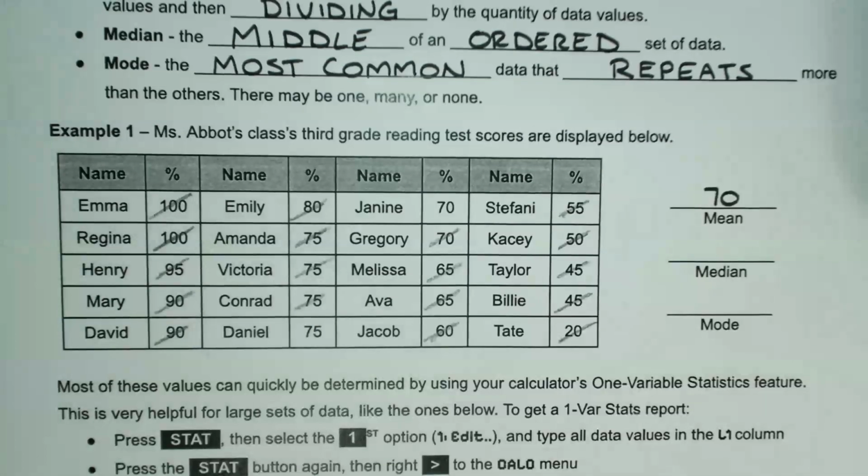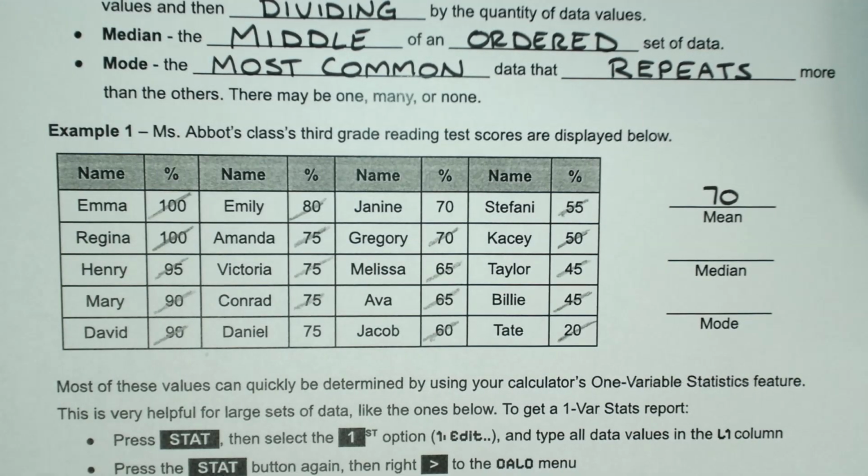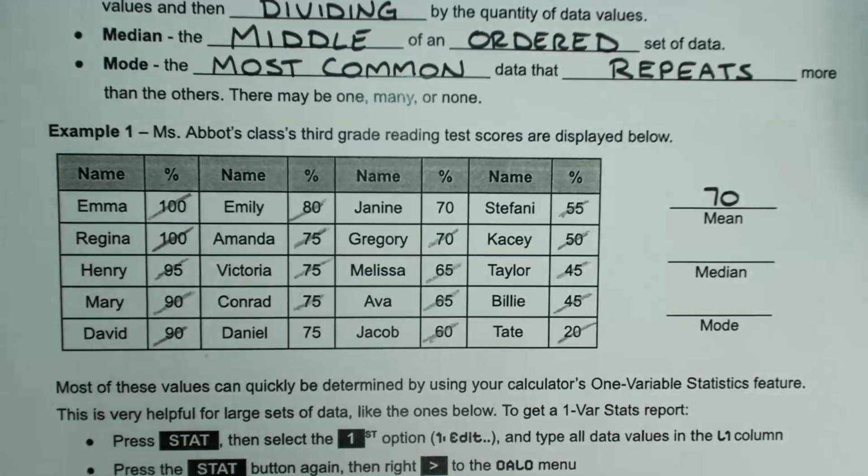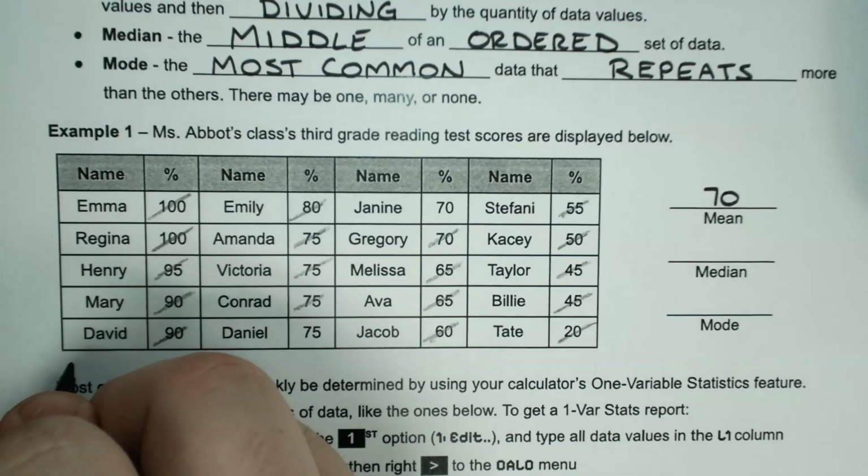But we do end up with a conundrum here. Because there are 20 grades, if I'm looking for the one in the dead center, I'm looking for the number between the 10th and the 11th grade. Do you remember what we do if we end up with two numbers in the middle? Yeah, you just find the average. Let's write that down here.